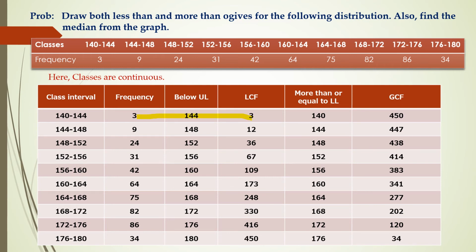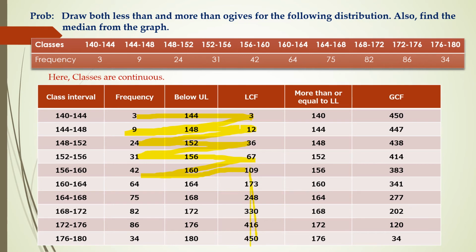To find the less than cumulative frequency of the second class interval, find the sum of these two. 3 plus 9 is 12, 12 plus 24 is 36, 36 plus 31 is 67, 67 plus 42 is 109 and so on. You can find the remaining cumulative frequencies in the same process.